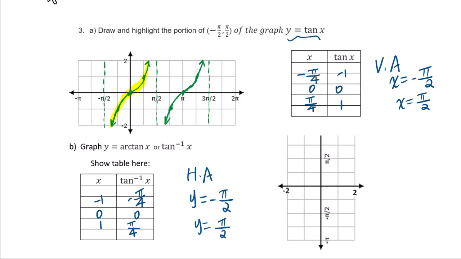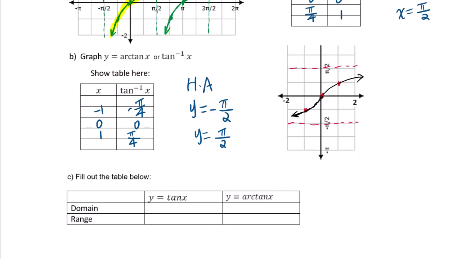Now let's sketch the graph of y equals inverse tangent x. Draw the horizontal asymptote lines first. 0, 0. Negative 1, negative pi over 4. Positive 1, positive pi over 4.